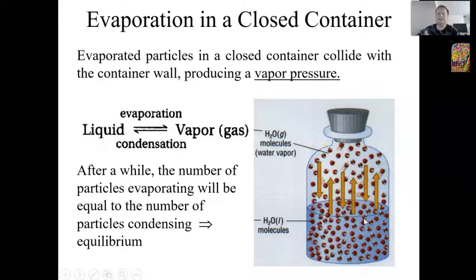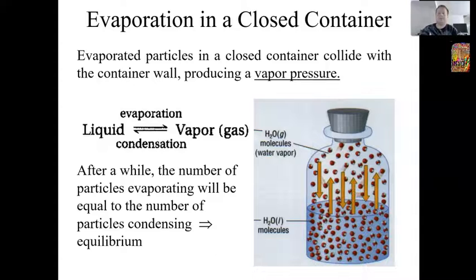So this happens all the time in equilibrium, where if you look at it, it looks like nothing's happening. But if you really were to zoom in, you would see that there's switching, all happening in a cycle so fast that it looks like nothing's happening. So if equilibrium is reached, there's no visible change really, because there's a cycle occurring. Equal amounts of particles are condensing as there are particles that are vaporizing, if that makes sense.